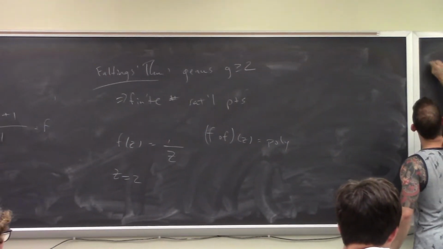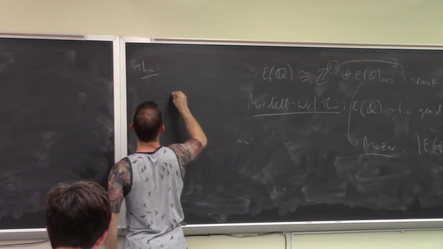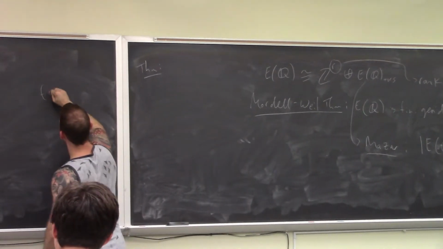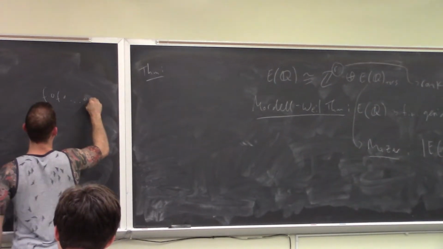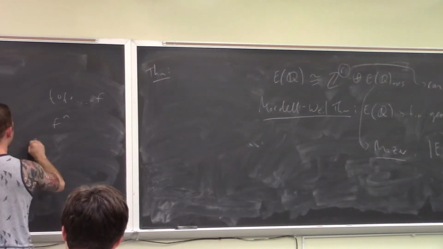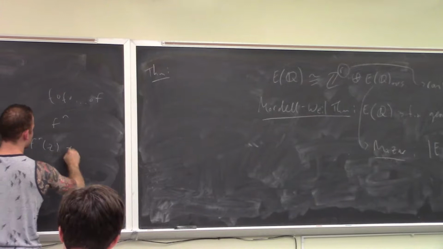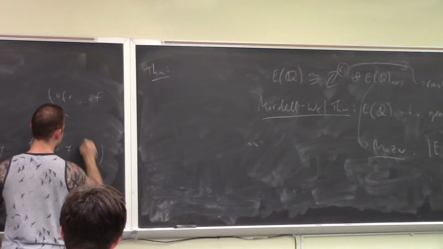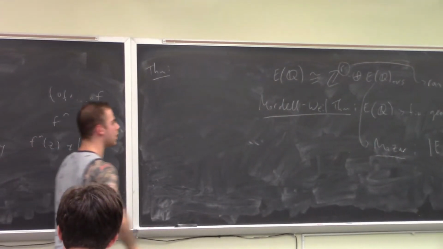So I don't know who proved this first. Also, this f composed with itself n times, I'm going to write it as f^n. So just note that I'm not raising it to the n power. These are different.